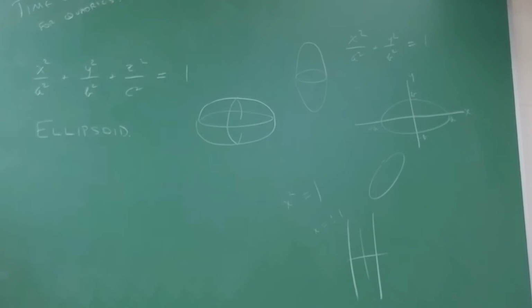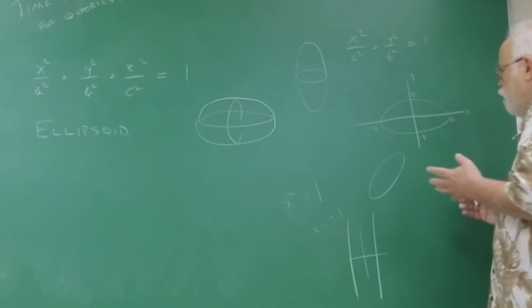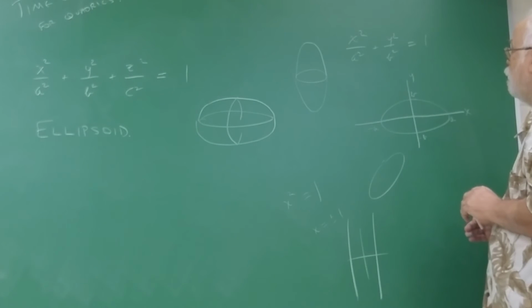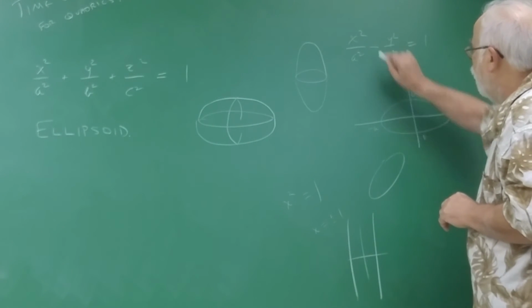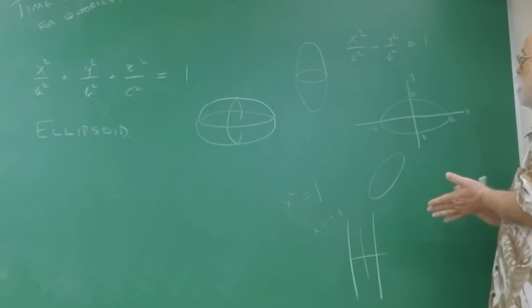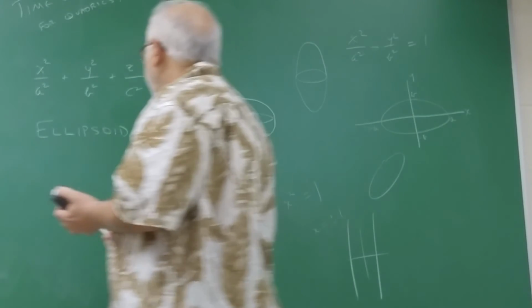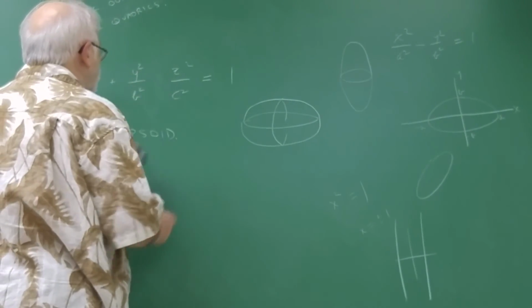Well, for hyperbolas, what do you do to this equation to get a hyperbola? Just have a minus between the x squared and y squared terms. So if we change the sign, then we've got a hyperbola. Well, what if we change the sign here? I'm going to change the sign between y and z.